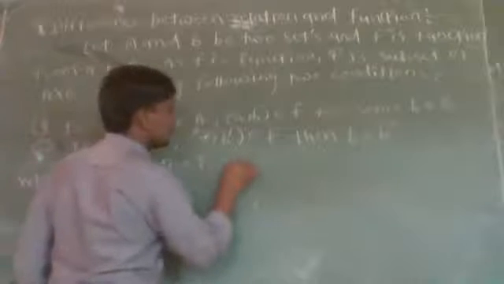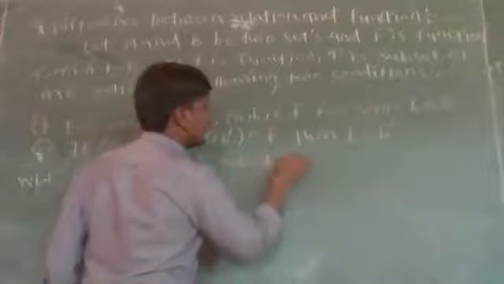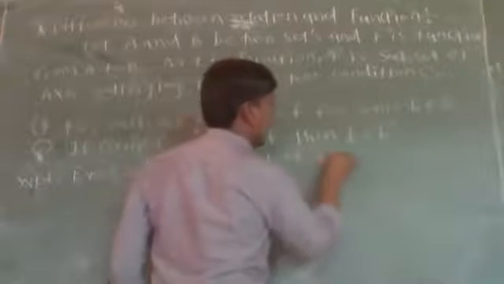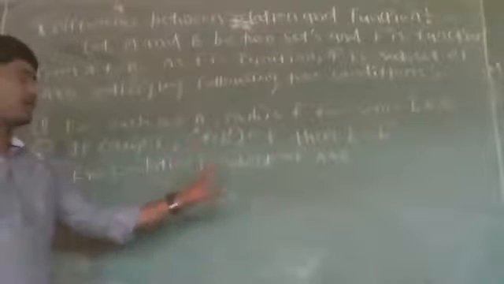Now, we know that every relation is a subset of A cross B. That is, any subset of A cross B is a relation, whatever it may be.